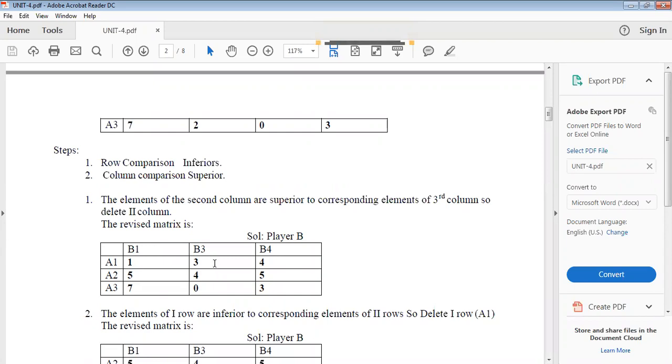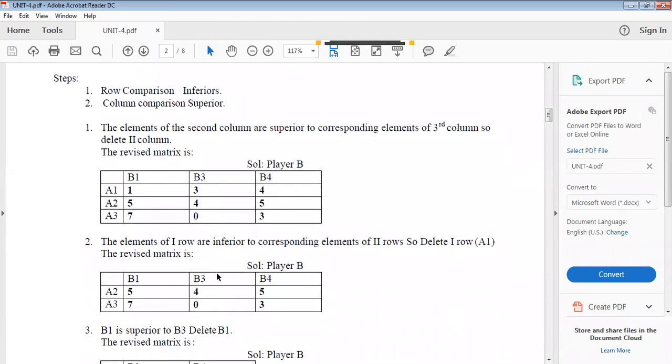Again, if you go to the comparison of the second column and third column, 3 is less than 4, 4 is less than 5, 0 is less than 3, and column 3 is dominating column 2. Therefore, column 2 has to be removed. So delete the column automatically.